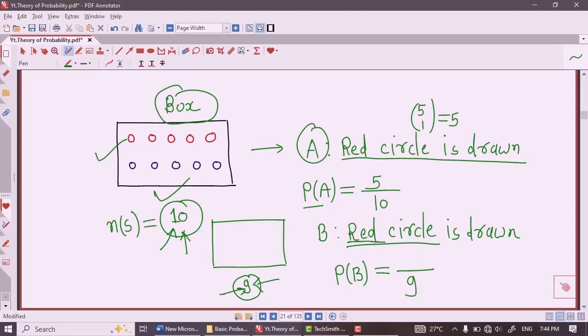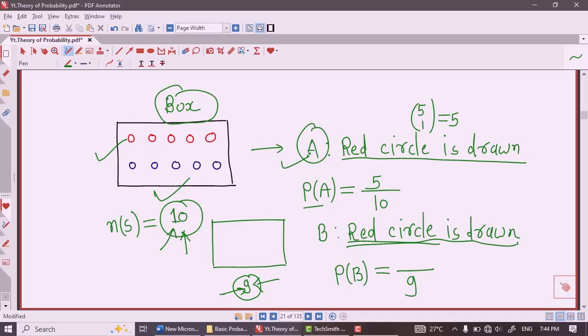Here we are also interested in a red circle. If a red circle was drawn in the first event, then the number of red circles also decreases by 1. There were 5 red circles for the first random experiment.